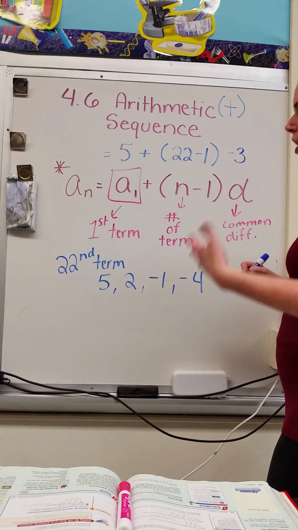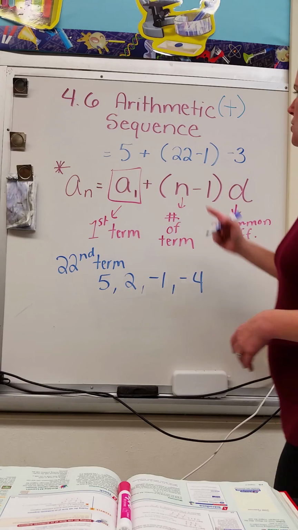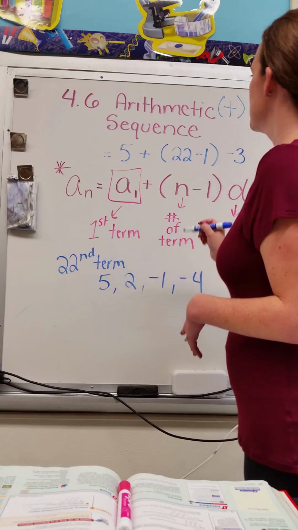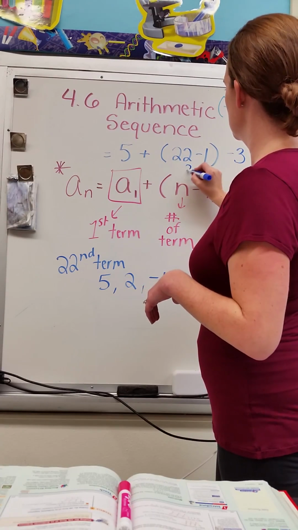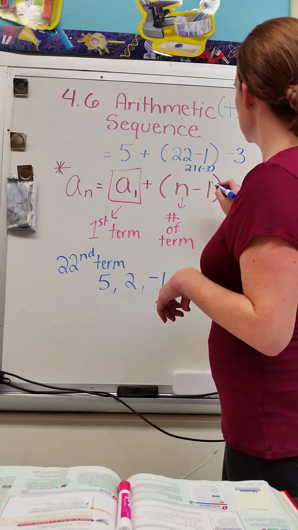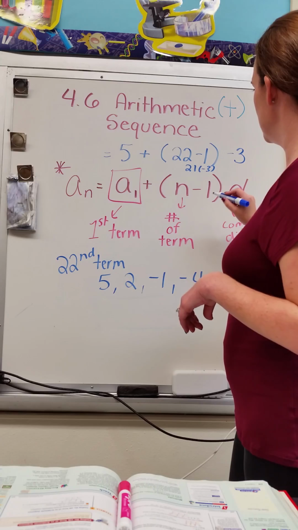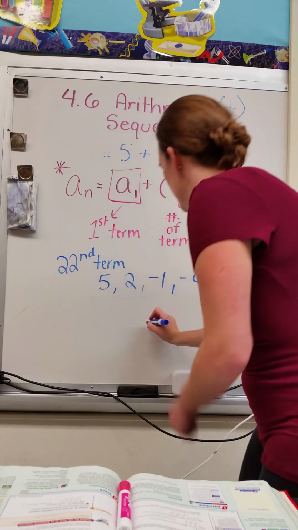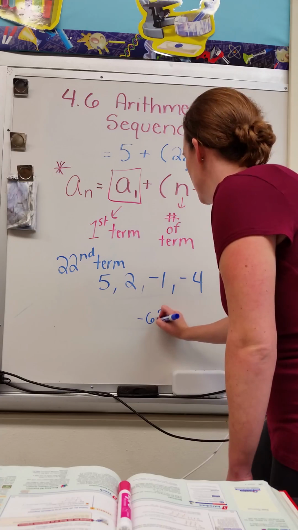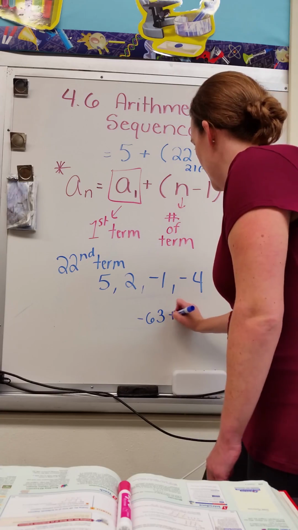When you solve this, you're going to do what's in parentheses first. Don't forget order of operations. So you'll have 21 times -3. That is going to be -63. And then I'm going to add 5 to that.